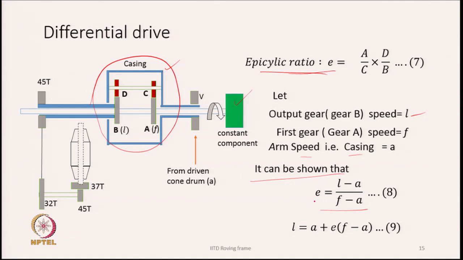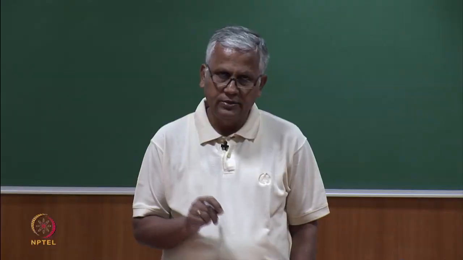So, E is the epicyclic ratio, and it can be found out from the teeth ratio of gears A, B, C, D. So, A, B, C, D in this case are also representing the number of teeth in the gears A, B, C, D.